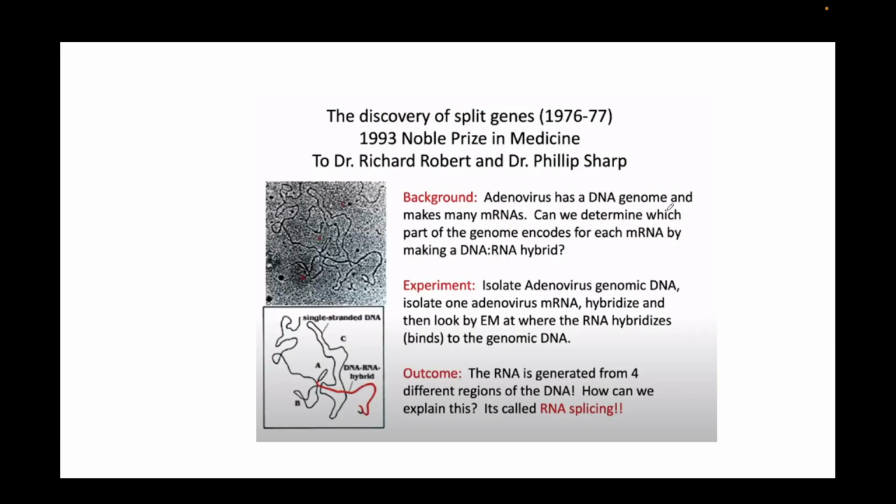So, discovery of split genes, how did this happen? In the background study, adenovirus has a DNA genome and makes many mRNAs. Let me ask you one question. In the recent COVID-19 pandemic, adenoviruses have been used as a carrier for vaccine production.